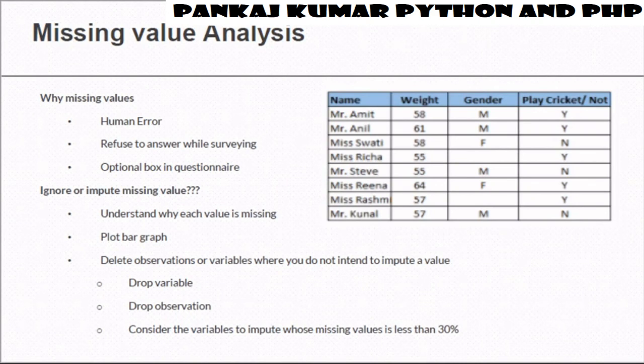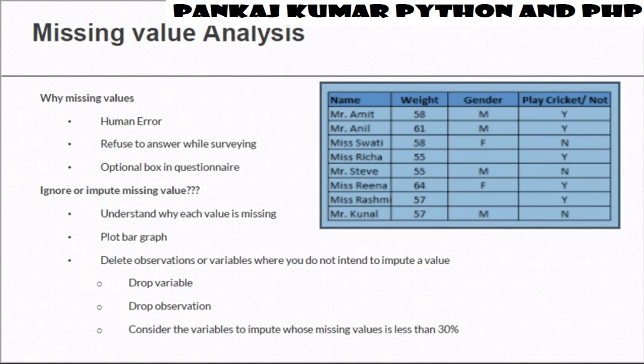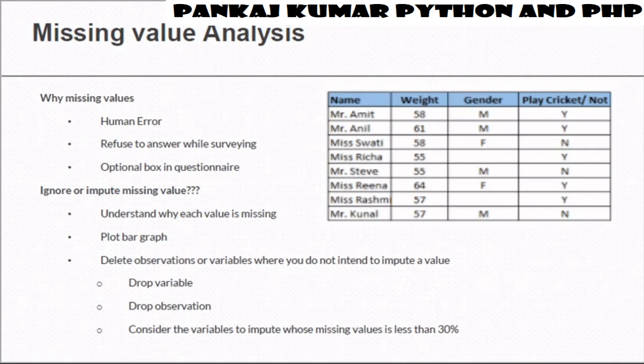A good example of missing values is the picture I have pasted here. This is a small data set containing 4 attributes or variables and multiple observations. If you look at the gender variable, there is no value in the 4th observation, and the same thing happens on the 7th observation.